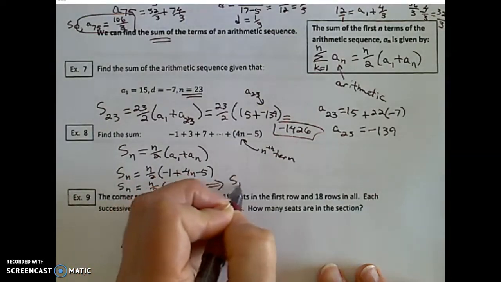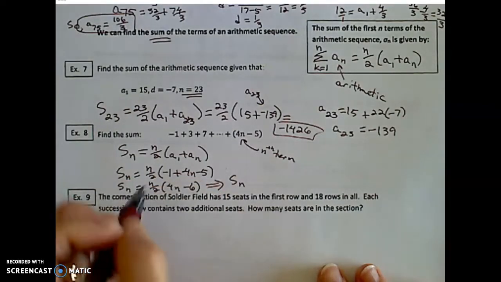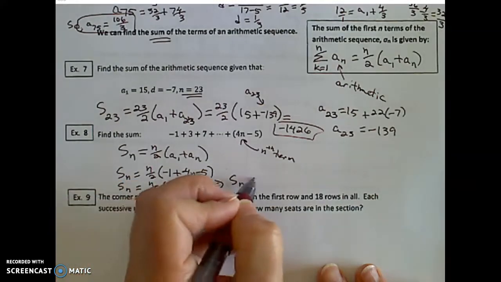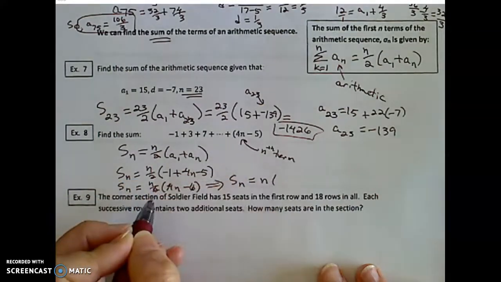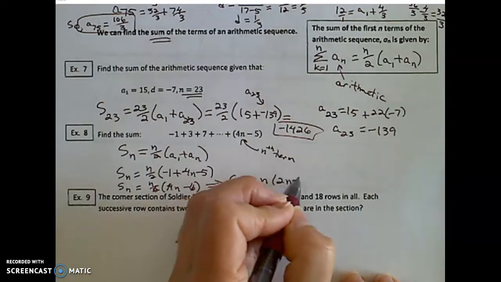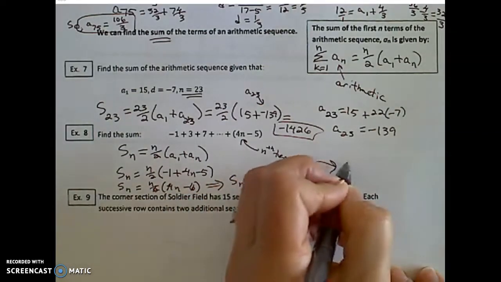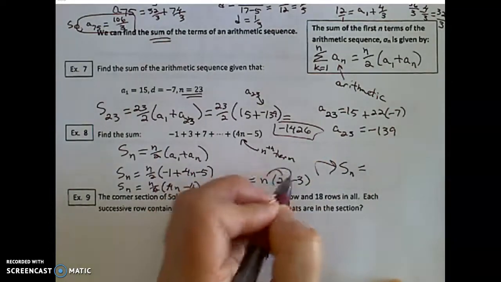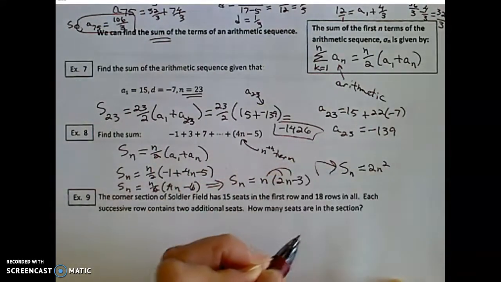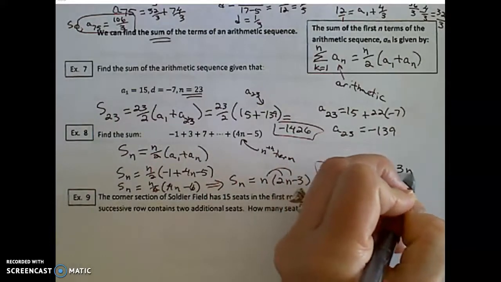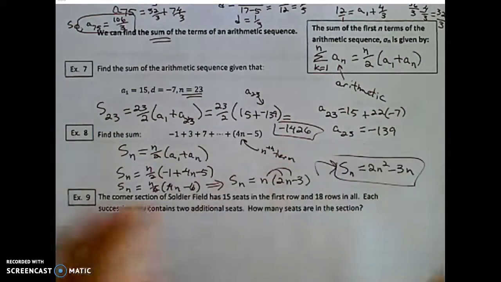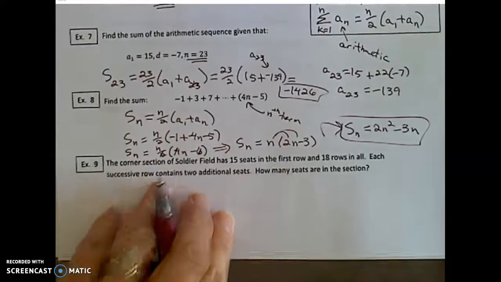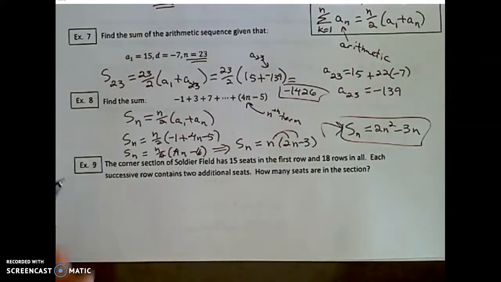That implies that S sub n, let's see, I can divide those both by 2, equals n times 2n minus 3. Here's a formula to find the sum of any n terms of this arithmetic sequence. If I distribute, 2n squared minus 3n. And it's a formula to find the sum in general for any n terms of that sequence.